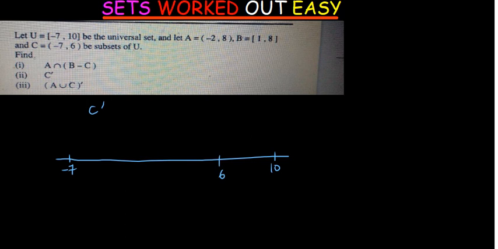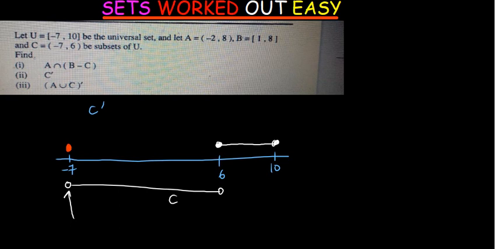And we can see that for the set C, we are not including negative 7 and we are not including 6. That means C complement, we are going to include 6 going in this direction up to 10. We can see that negative 7 is not in C, but negative 7, if you check, is part of the universal set. So it will be outside C. Since it is not in C, therefore it's going to be outside C.